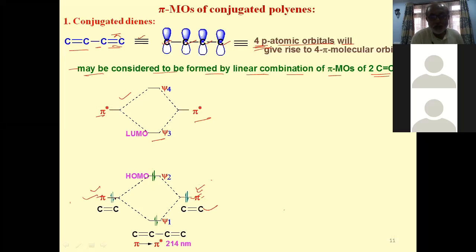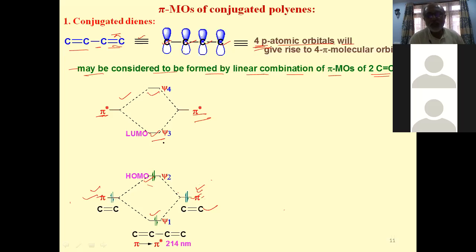This pi 1 and this pi 1 will give another 2, but in terms of energy, one energy will come down, the other will go up. Similarly, this one will combine with this one, giving rise again to two molecular orbitals, one with this energy, another with this energy.